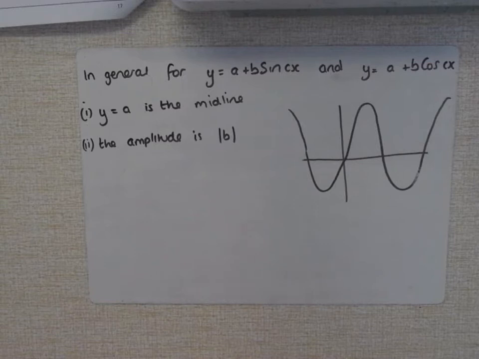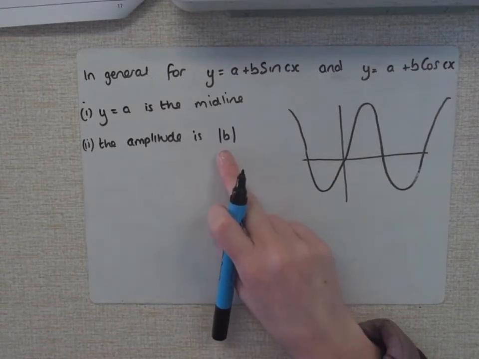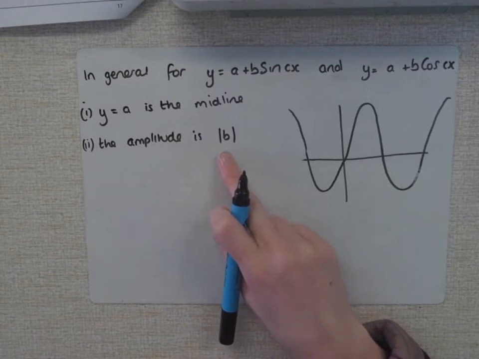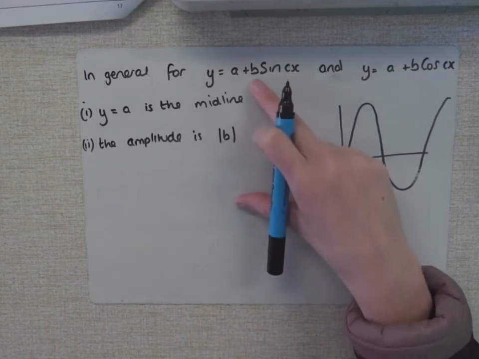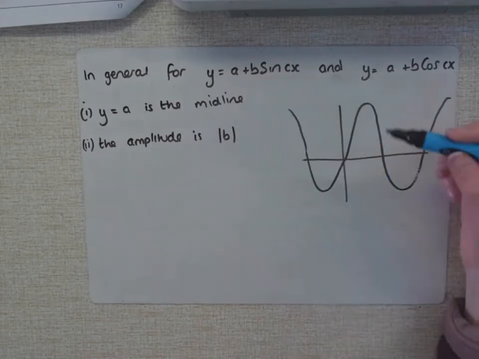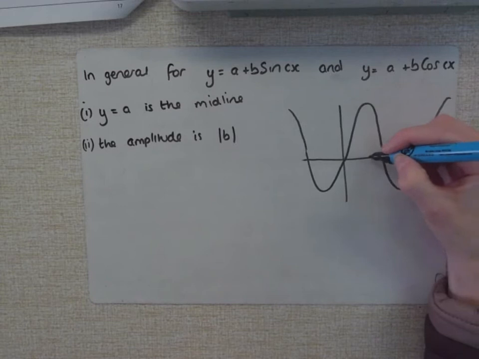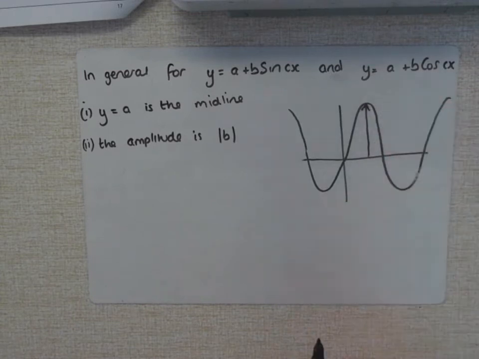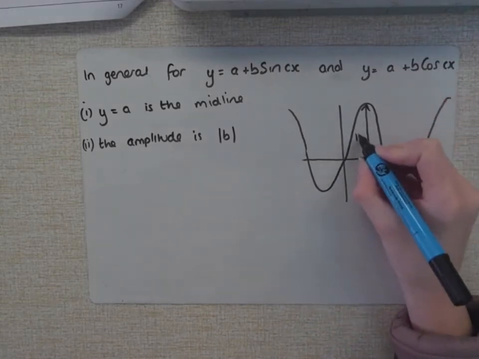The amplitude is, what does this mean? Yeah, the absolute value of b or the modulus of b. So regardless of what b is, you're going to take the positive value of it. That's the amplitude. Amplitude was from the midline up, wasn't it, or down? So this is your amplitude.